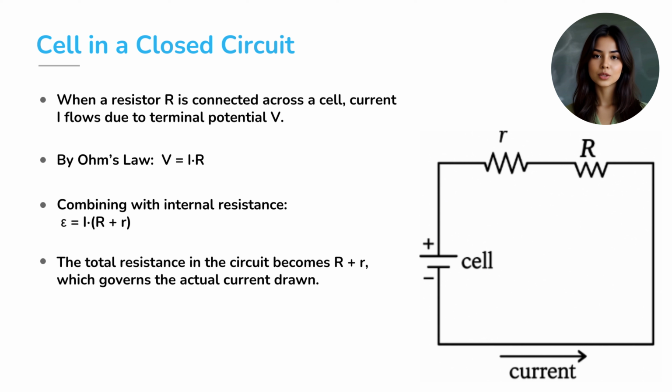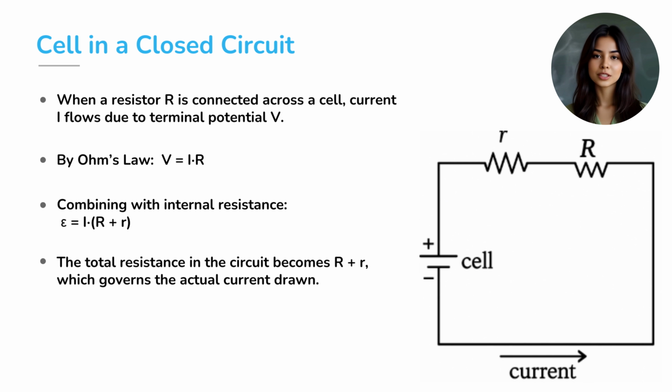But now we must also include the cell's internal resistance. So, the EMF is related to both resistances by this equation, epsilon equals I times open bracket R plus r close bracket, where capital R is the external resistance and small r is the internal resistance.